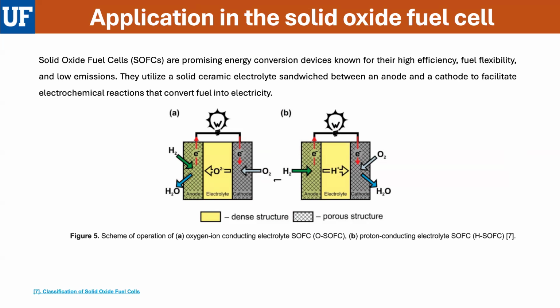These are fuel cells operating at very high temperature, typically from 800 to 1000 degrees Celsius. They are called solid oxide because their electrolyte is made of a solid ceramic material.